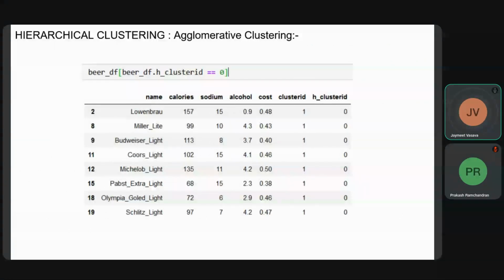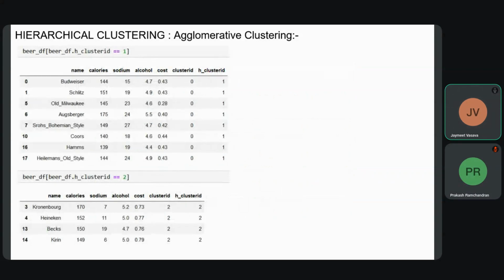So when we use it for the edge cluster ID equal to 0, this is what it looks like, and the corresponding cluster ID is 1. Then for edge cluster ID 1 and edge cluster ID 2, the corresponding cluster IDs are 0 and 2.